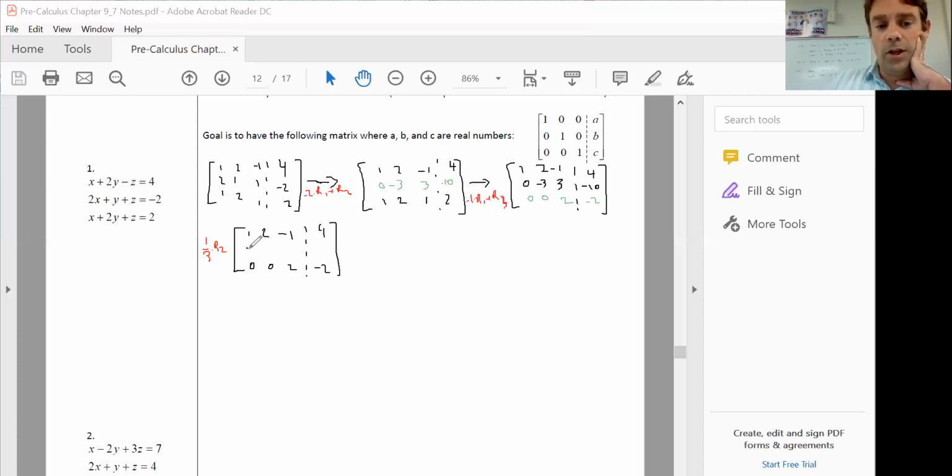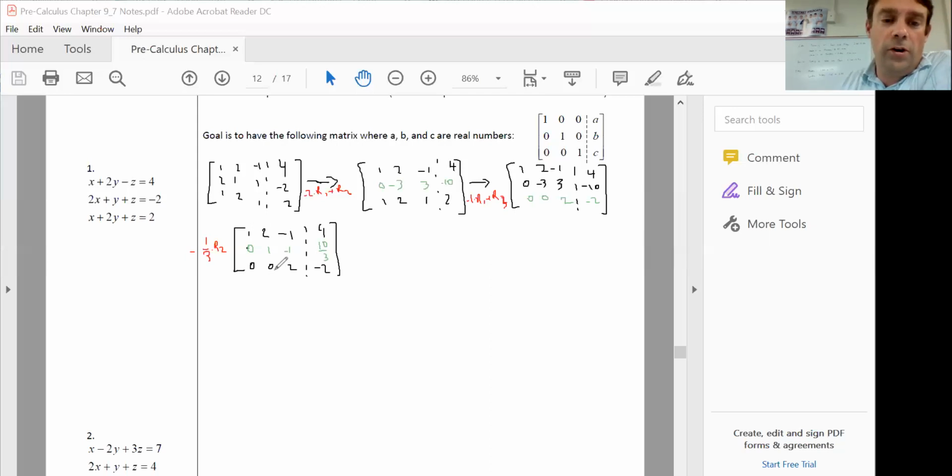And if you notice here, I am going to end up with kind of an ugly fraction. So I got to multiply that by -1/3. Sorry about that. All right. So I get 1, I get a -1, and then I end up with 10/3. I'm not a big fan of the fraction, but it is what it is.